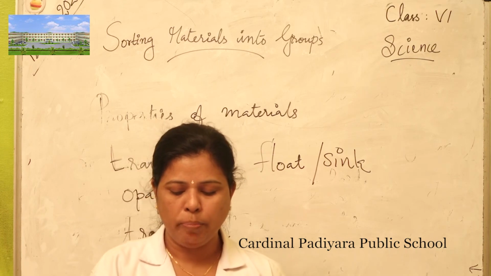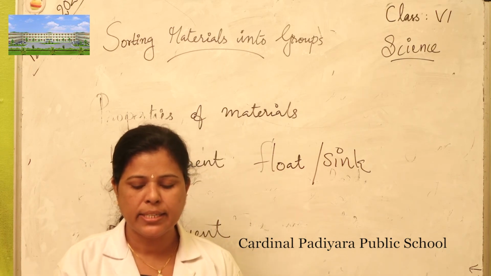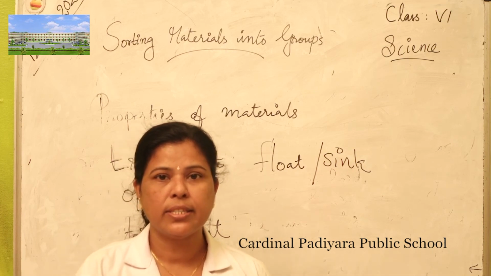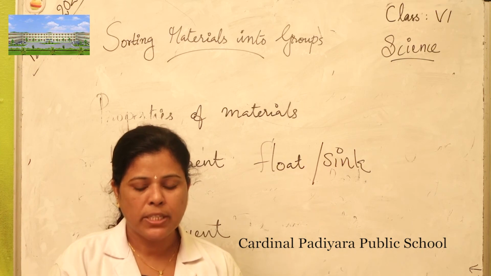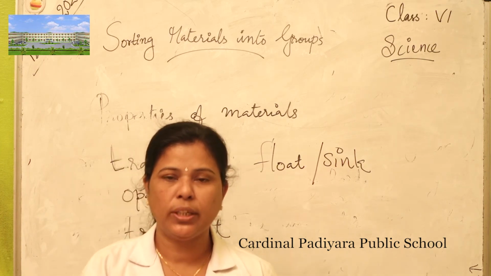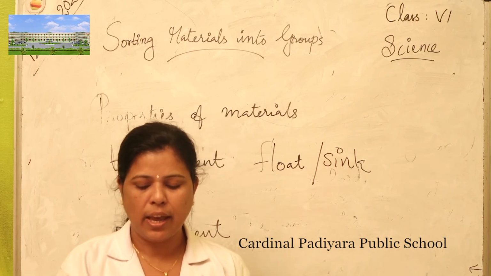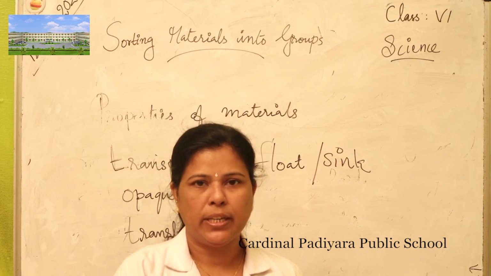Materials are grouped together on the basis of similarities and differences in their properties. For what purpose do we group these materials? Things are grouped together for convenience and to study their properties.